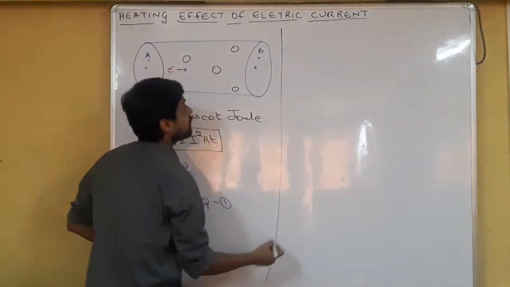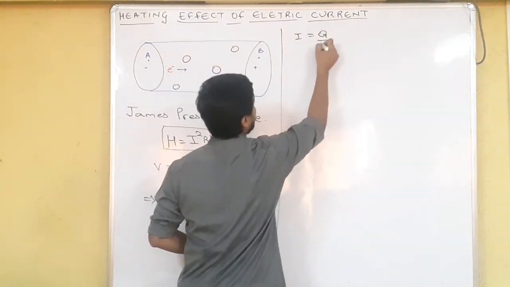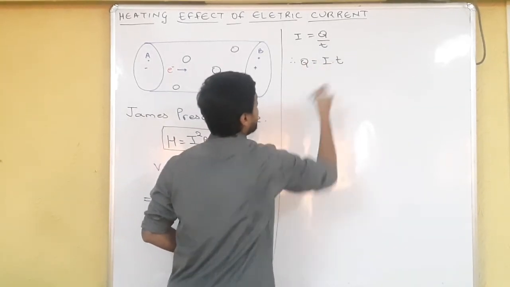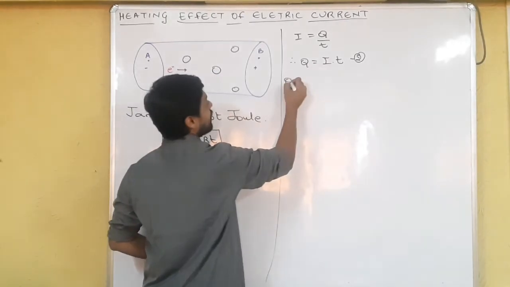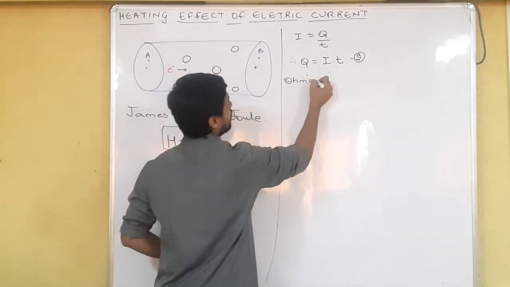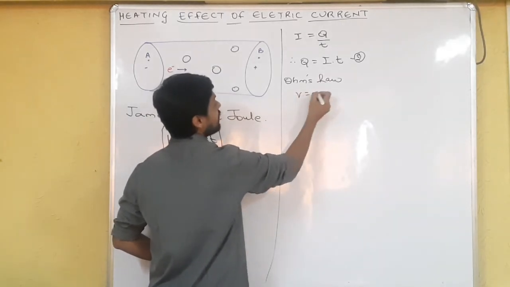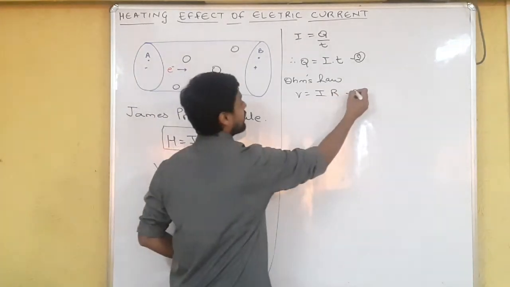Let's go ahead. We have studied the equation of current, I is equal to Q upon T. So I can say Q is equal to I into T. I'm giving this as 2. Also by Ohm's law, we have studied that V is equal to I into R. Right? So I'm giving it as 3.